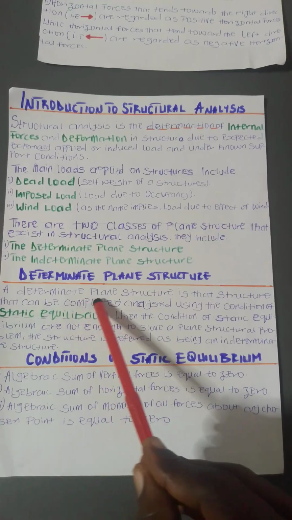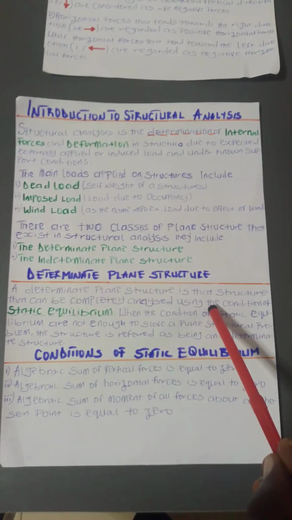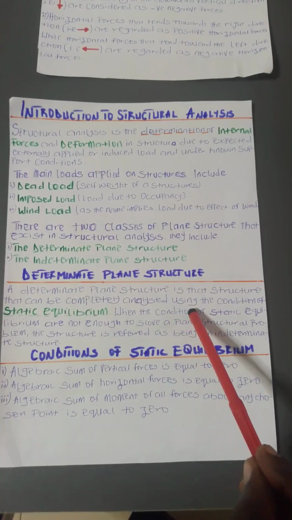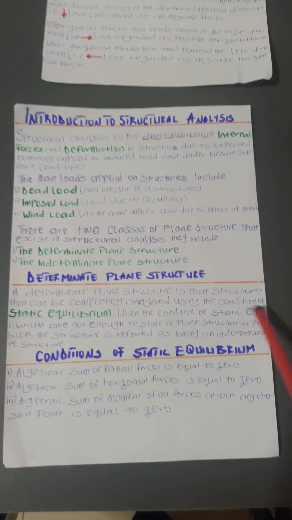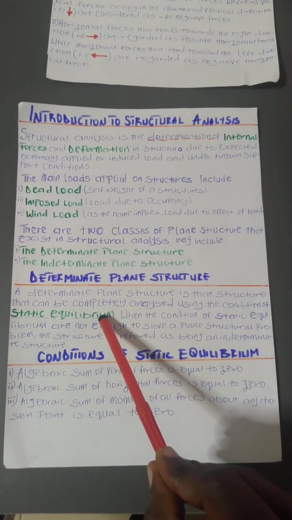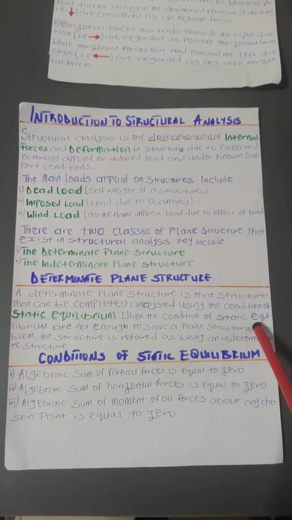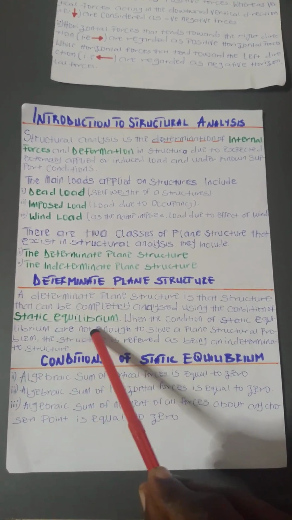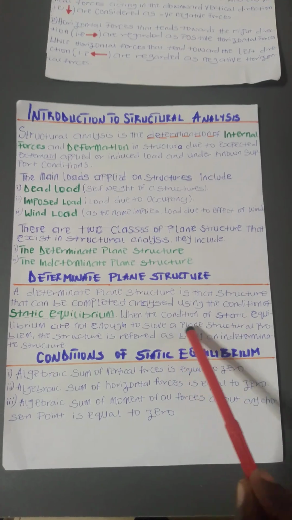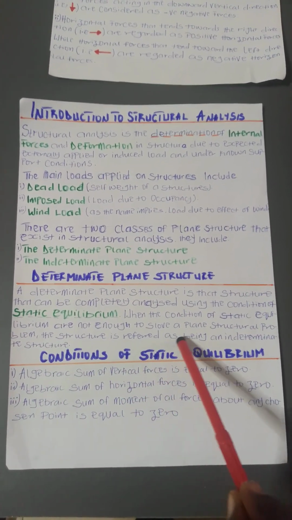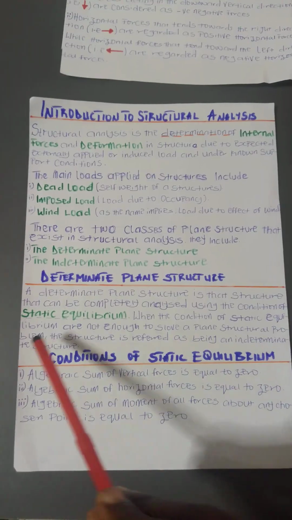A determinate plane structure is a structure that can be completely analyzed using the conditions of static equilibrium. Now, when the conditions of static equilibrium are not enough to solve a plane structural problem, the structure is referred to as an indeterminate structure.